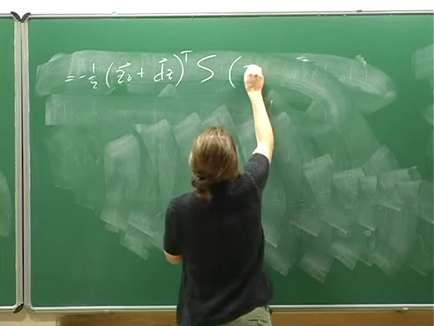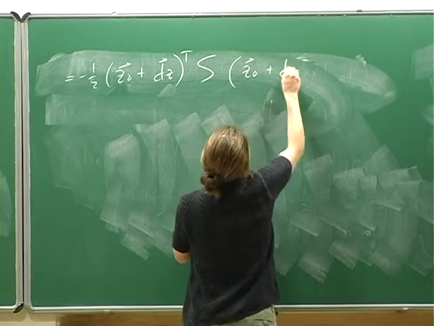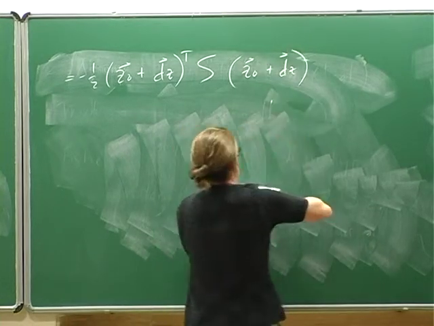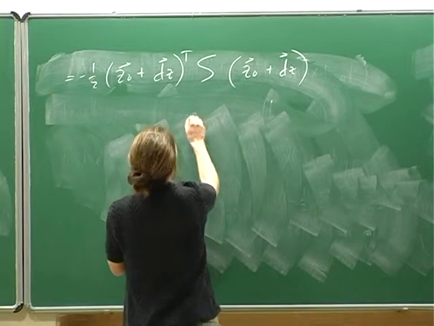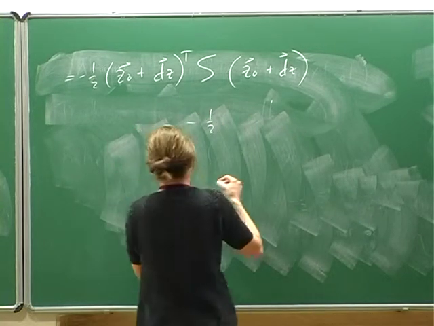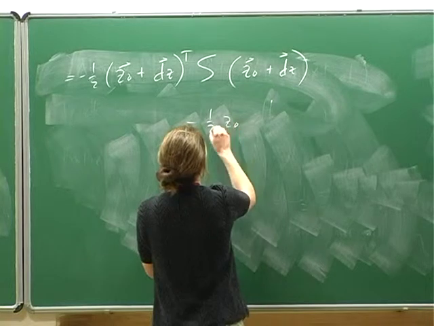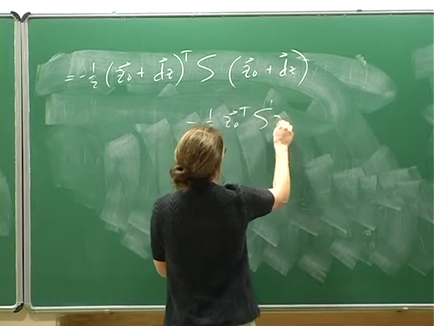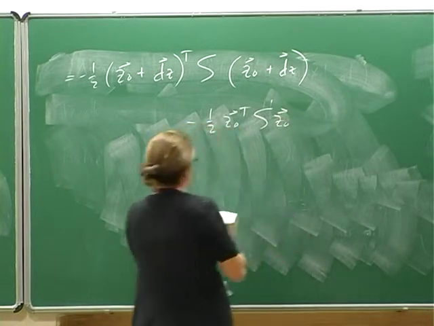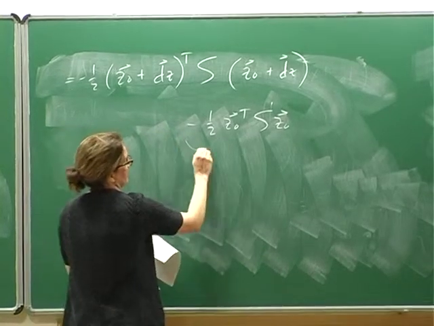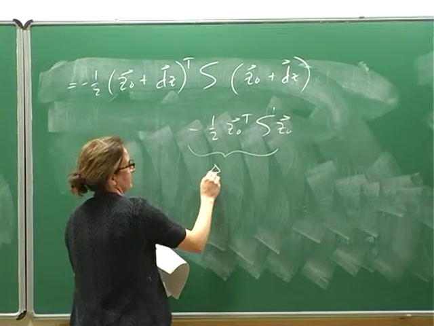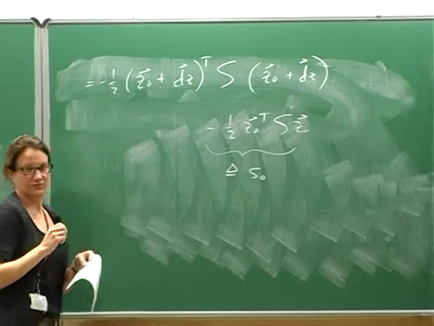Another quadratic form, that piece minus the denominator. And this bit we already defined. By definition, that was what we called S0.